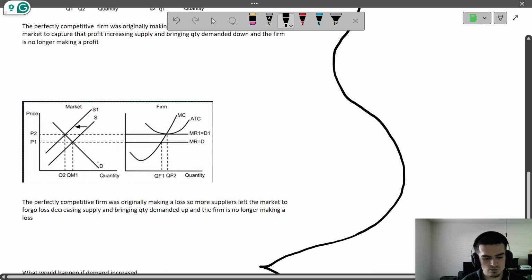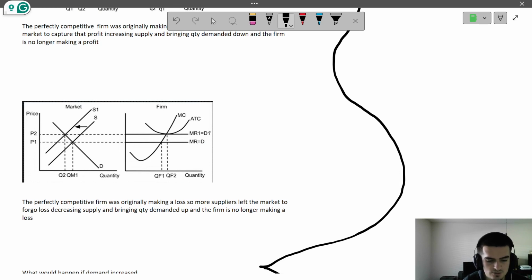Well, the same happens when they're at a loss, right? So I assume that maybe this firm's average variable cost is like down here. They have not reached below their average variable cost. But you see right here, they are below their average total cost, so they're making a loss.